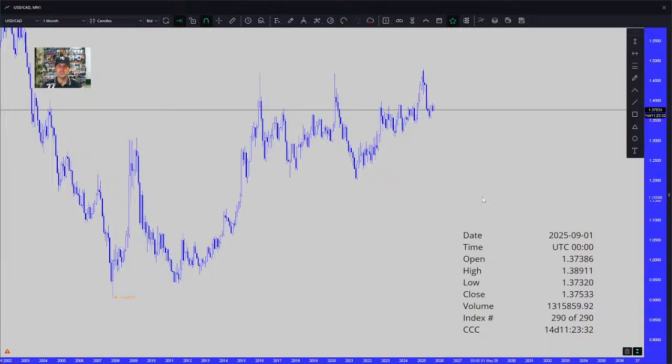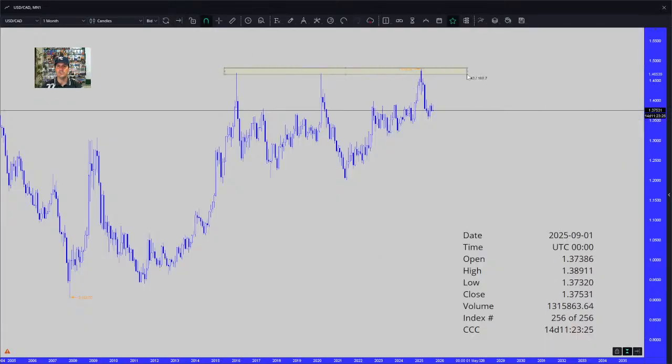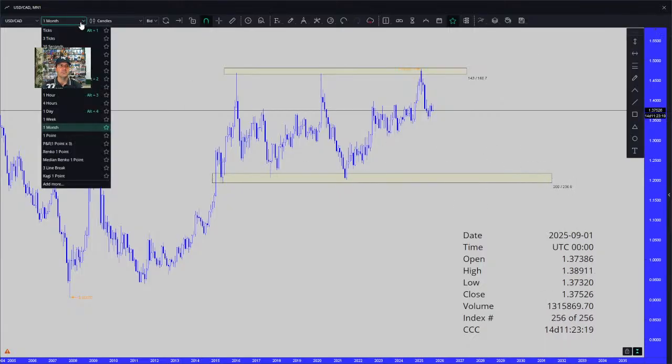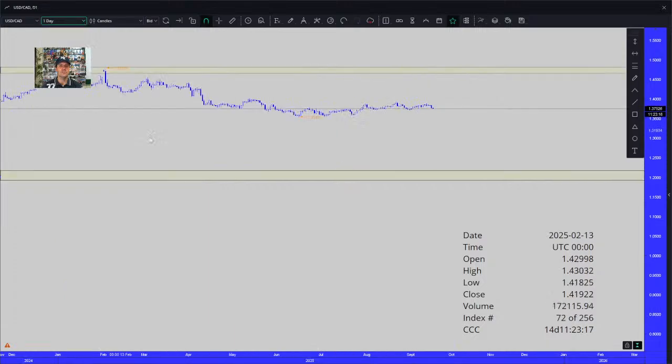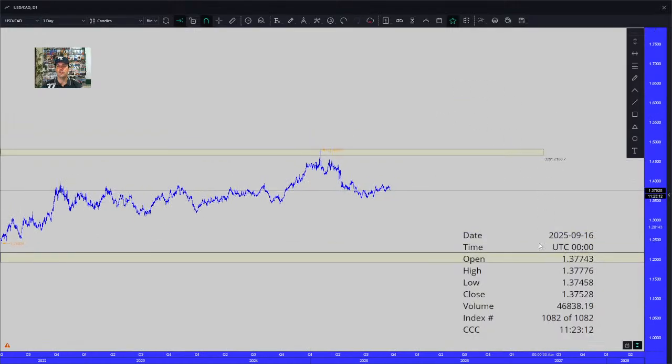Yes, you can ask questions. So everybody, if you have your charts, you know that on USD CAD this is the upper band of consolidation and this is the lower band of consolidation. Then we go to the daily chart, and if you have your charts, you should have the market wave.